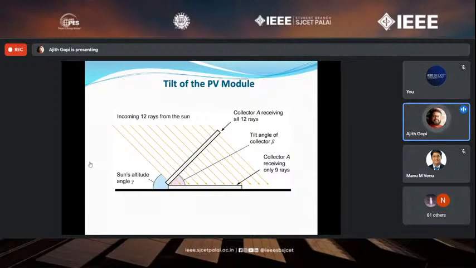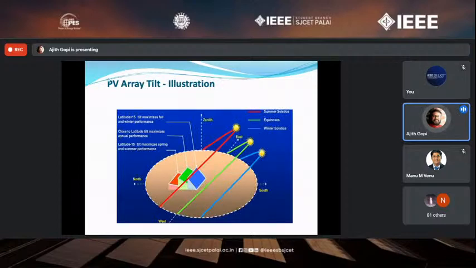I'm not detailing much for my younger students. There are a lot of complicated equations for finding your right tilt. But if you refer to journals, you have a lot of journals about finding the optimum tilt of solar PV. You just search Science Direct journals or IEEE journals.